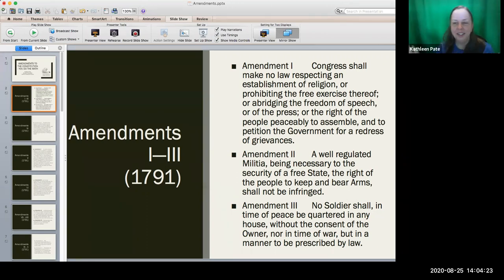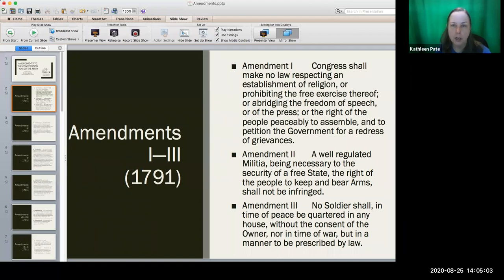So let's take a moment and read these, and it would be awesome if someone could put one in words that you might use today. One of the challenges about looking at the amendments is they use antiquated words that we don't use anymore. I can't remember the last time I said thereof. Looking at that First Amendment, what would be shorthand for it?